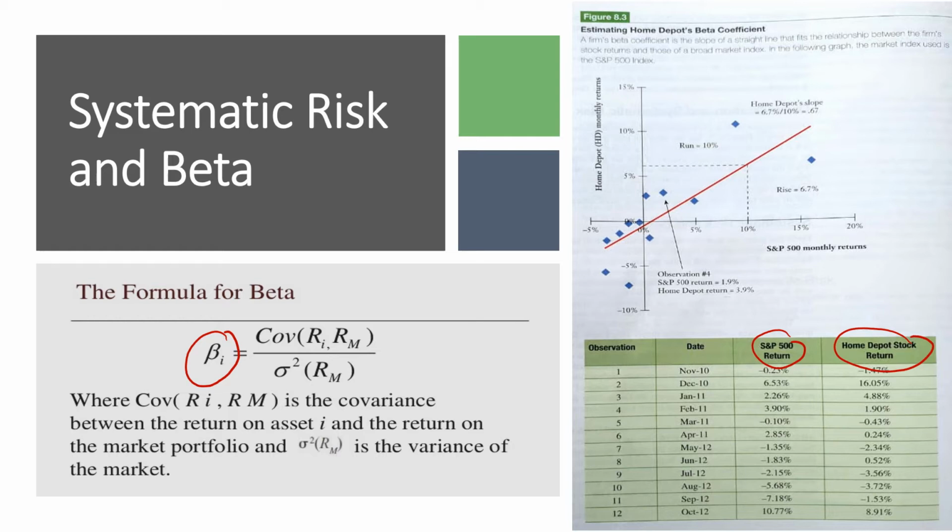So the beta that we use here in the finance context is just a special case of the slope coefficient that you have learned about in statistics. Thus, this slope can be measured using the following equation, whereby beta equals the covariance between the return on asset i and the return of the market divided by the variance of the market.